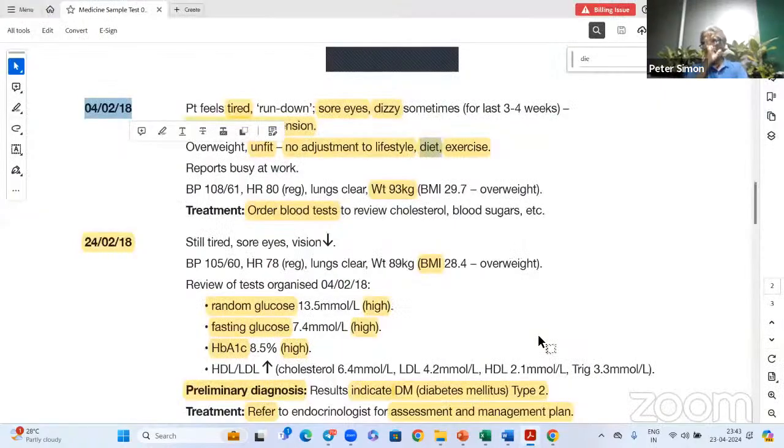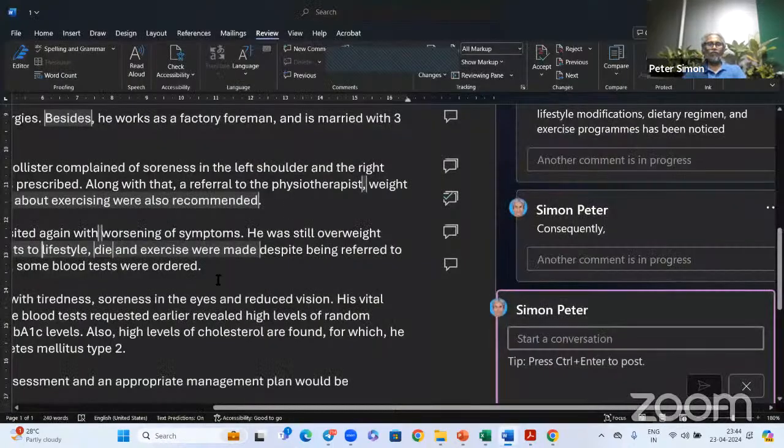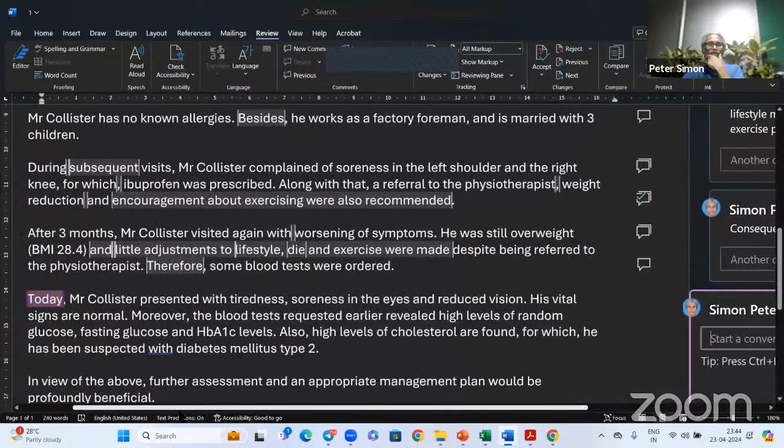So he presented that the symptoms which he has mentioned in the previous visit are worsening. Now, he presented, see here, on 4th February 2018. That's it. He presented with tiredness, sore eyes, hypotension, possibly because of dizzy. He feels dizzy, giddy. Maybe because of orthostatic hypotension, possibly. Okay. So missing important information there.